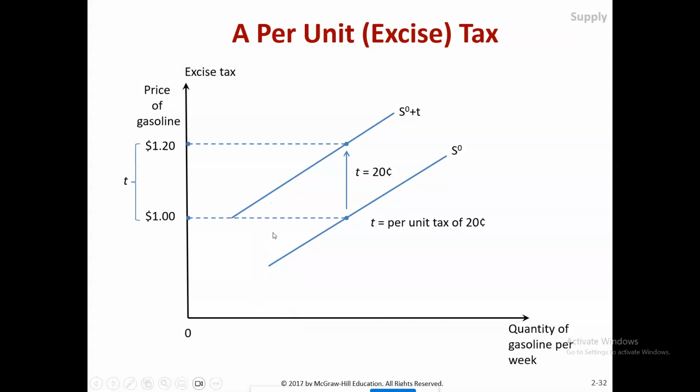You produce 1 unit, the tax is 20 cents. It doesn't change based upon the quantity of gasoline per week. So you can just imagine the whole supply curve shifting left, and by how much? The vertical value is 20 cents.